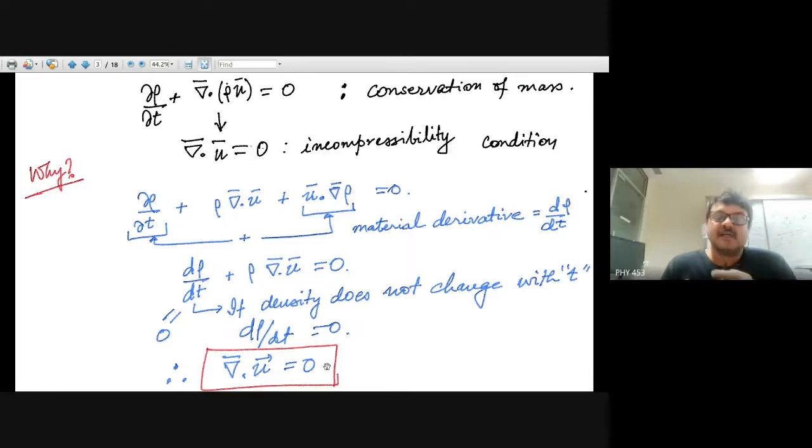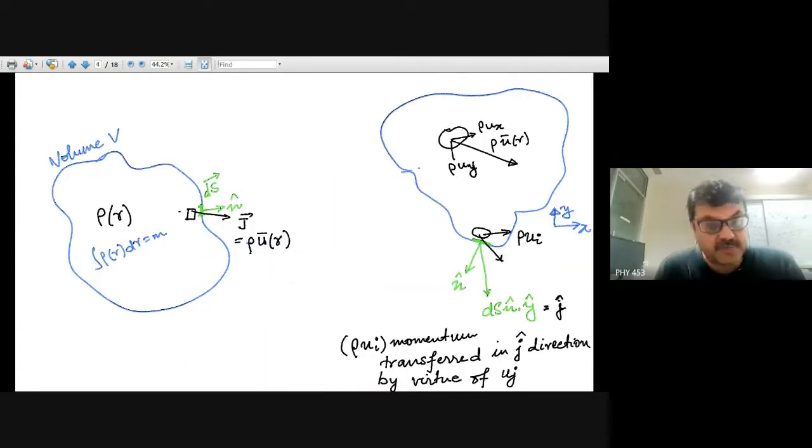Hence, for a fluid flow which is incompressible, where the density doesn't change, the fluid flow will have a characteristic such that divergence u equal to 0, and we use this to find fluid flows in the incompressible limit.